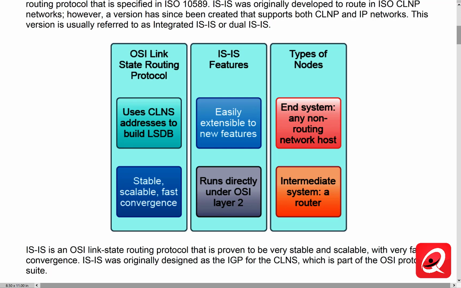So think of an end selector field as almost equivalent to, say, a protocol field in the IP header, or even a type field in a layer 2 Ethernet 2 header. It allows us to identify what's being transported and so on. All right, we'll talk about the addressing scheme a little bit later on when we get into the routing logic and how adjacencies are formed and so on.